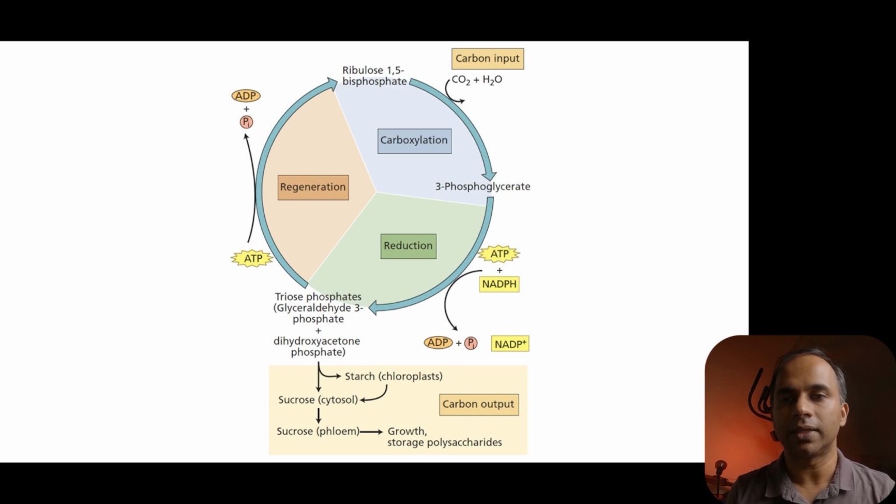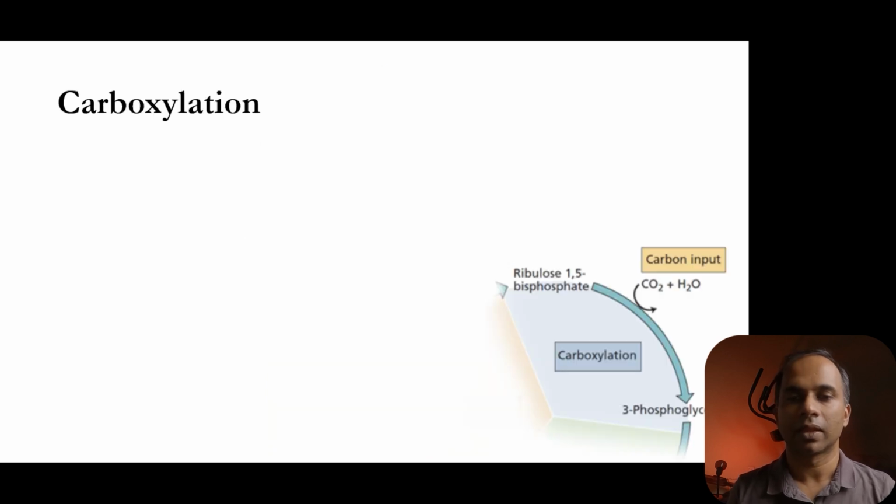So let's look at carboxylation. As you can remember, the starting point is ribulose 1,5-bisphosphate, and it's going to create 3-phosphoglycerate through the process of carboxylation, and CO2 is going to provide the carbon input.